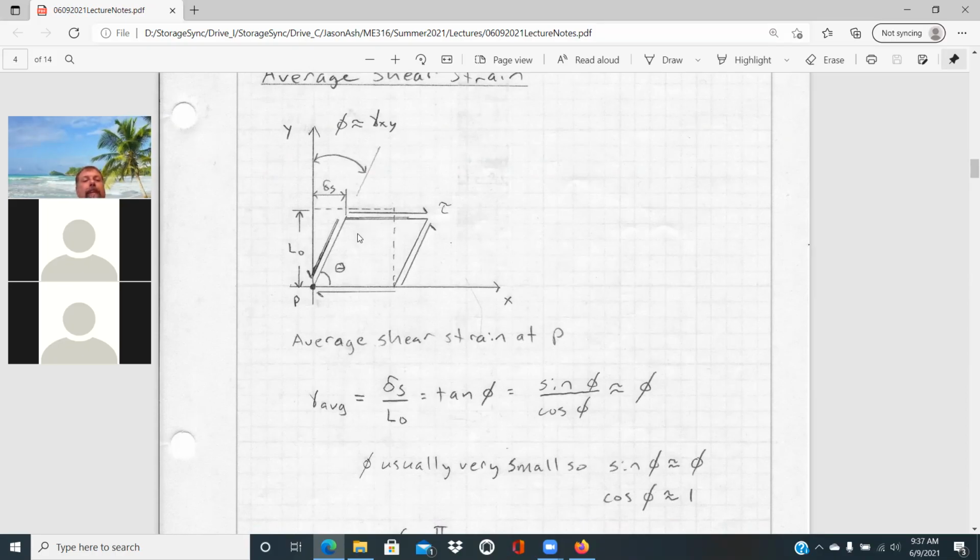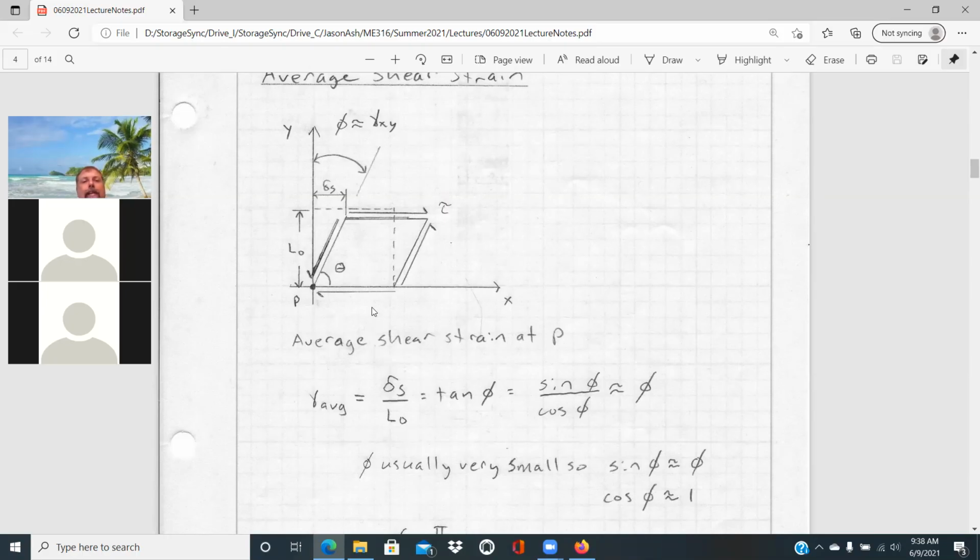And so first thing we can look at is the average shear strain that develops at point P. The true definition of the shear strain is just looking at this lateral displacement, this shear displacement over that perpendicular original length. And so the average shear strain is just that delta S over L0.